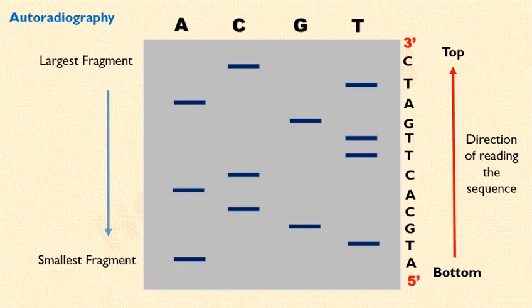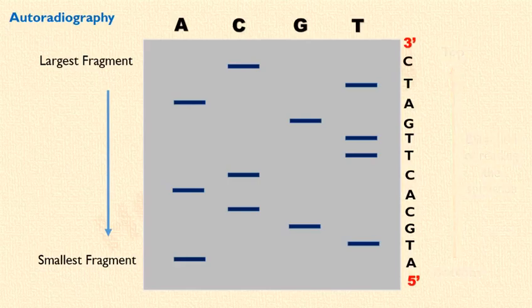Now, the sequence we read is the sequence of the newly synthesized strand. So, what will be the sequence of the template strand? It will be complementary to the sequence read from the autoradiograph. So, this is the 5' end of the template strand and this is the 3' end.